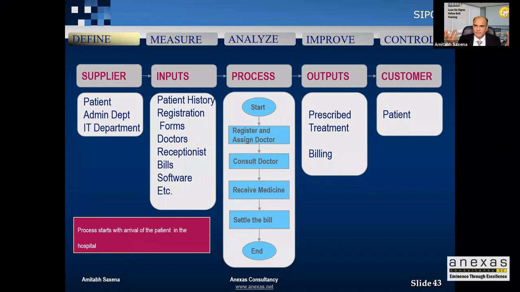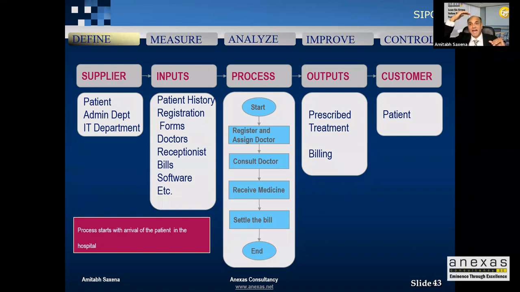People just contribute 15% of the delays, errors, problems. 85% is contributed by the process. So focus on the process. So whenever you want to make an improvement, first focus on the process. Have a look at the process from a neutral perspective.